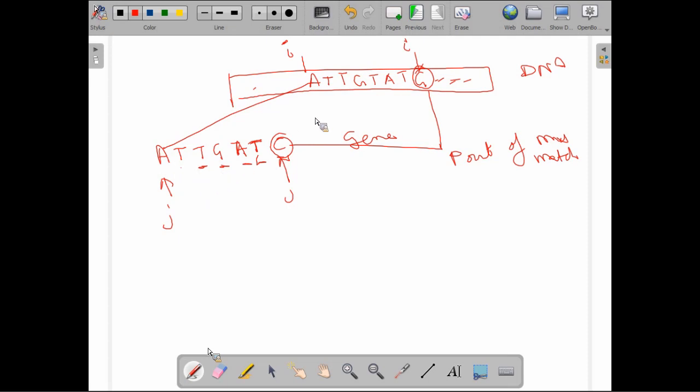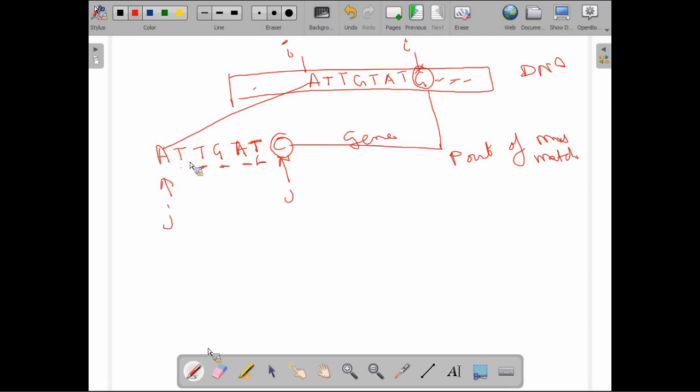Now, here there has been a mismatch. That means the earlier part has matched. So, should I start matching J from the beginning? That is, match this J with this A and all of that again? Should I start matching from there, because the point of mismatch is there, or since this much has already matched?